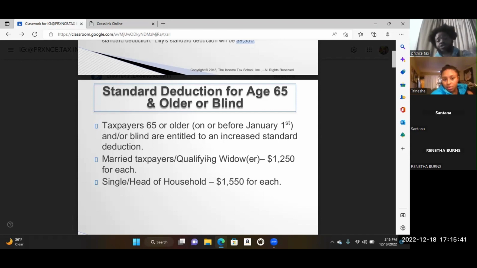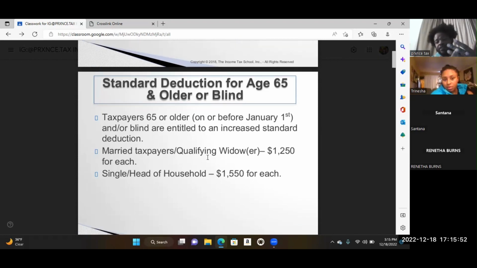Also, individuals who are blind or disabled receive a greater deduction than individuals who are not blind or disabled. That's just due to the fact that the government feels it's an extra aid for them, and an extra way to alleviate their tax burden.